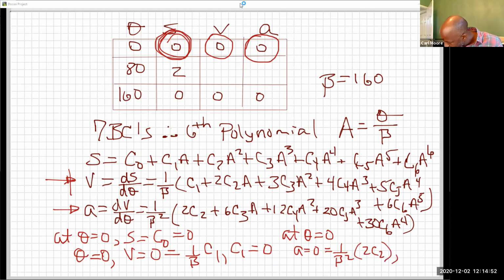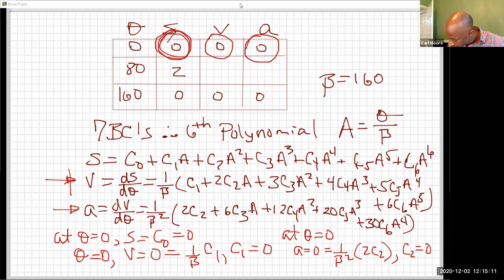And so that means that our C2 is also equal to 0, because the only way that equation can be equal to 0 is if the C2 is 0. So far we've found 3 of our constants. We found the C0, the C1, and the C2, but they're all equal to 0. Okay, great. So what do we do next?